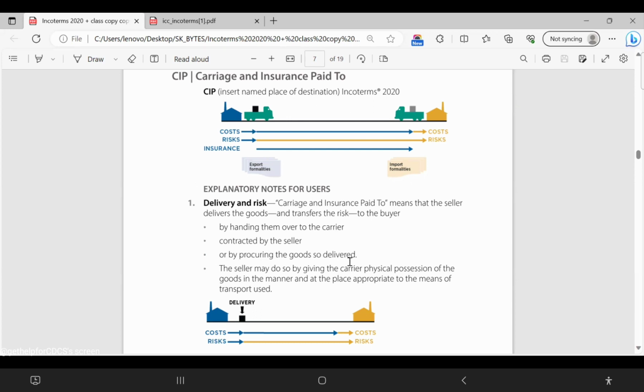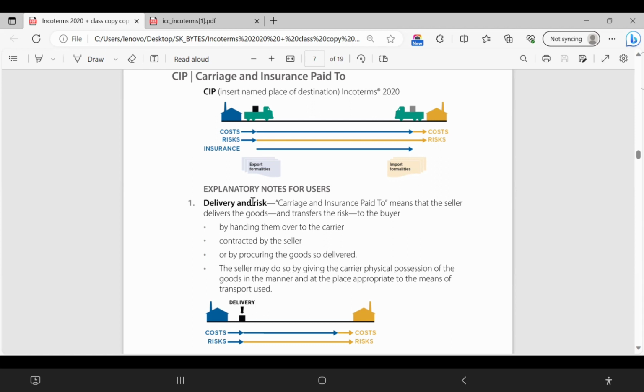The seller may do so by giving the carrier physical possession of the goods in a manner and at a place appropriate to the means of transportation used. If it is railway, the railway tracks cannot come all the way to the factory, so until that place it is the seller's obligation.